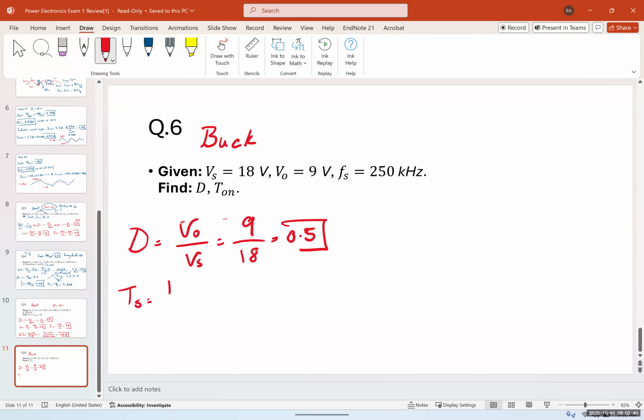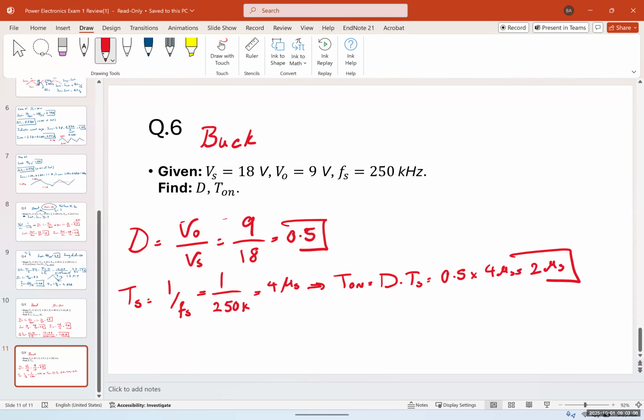So Ts is 1 over Fs. It's going to be 1 over 250K, 250,000, gives us 4 microseconds. Therefore, T on would be equal to D Ts, which is 0.5 times 4 microseconds, which gives us 2 microseconds.